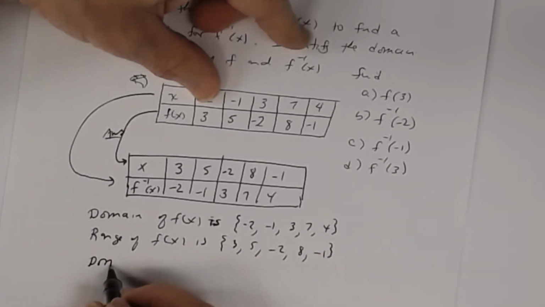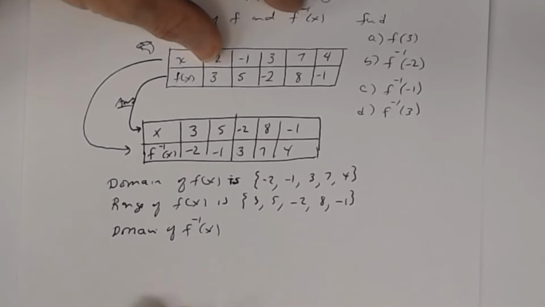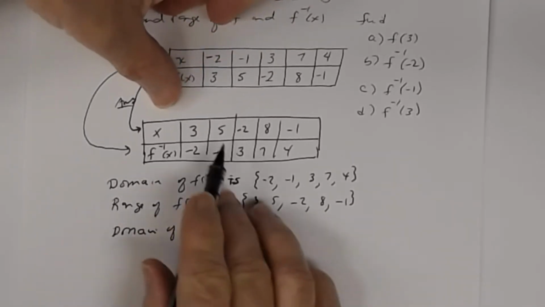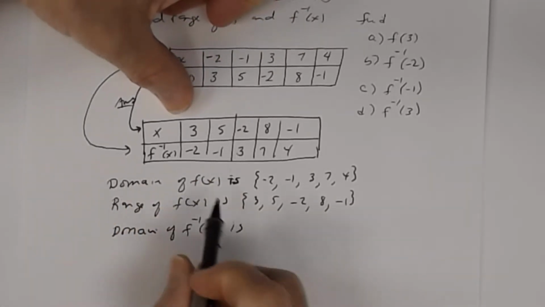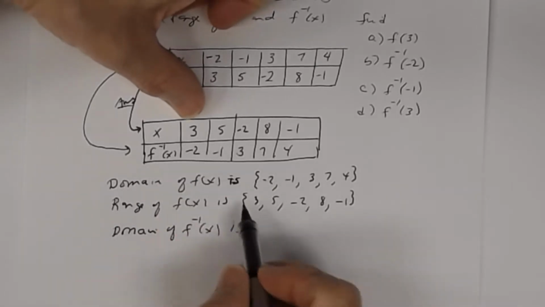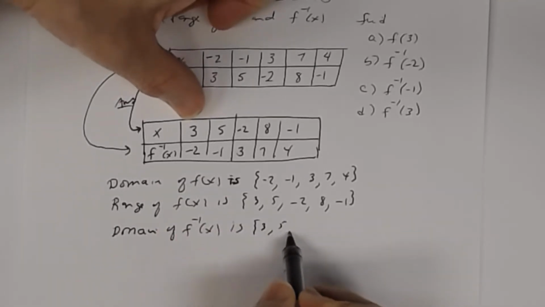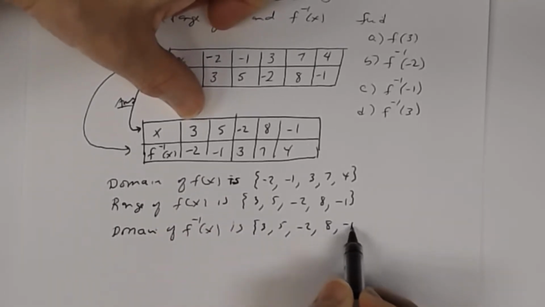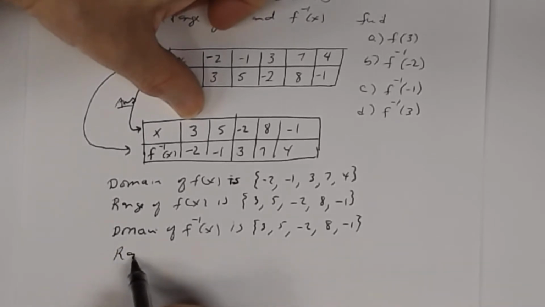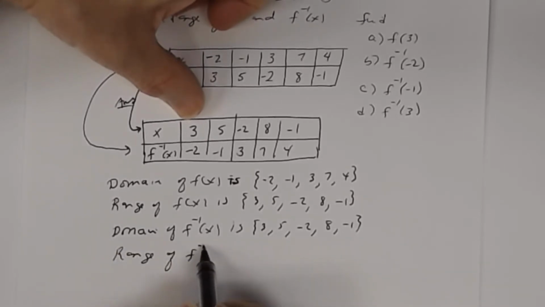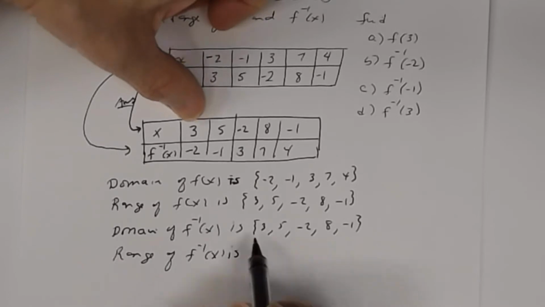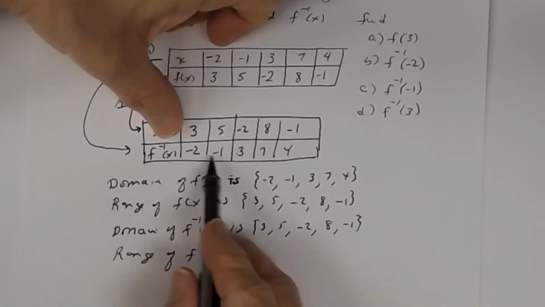The domain of your inverse, so make sure you're saying inverse correctly, make sure you write that notation. So you go to your inverse table. So the domain is a set of x coordinates, so that's 3, 5, negative 2, 8, negative 1. And the range of the inverse is going to be your y coordinates of the inverse.